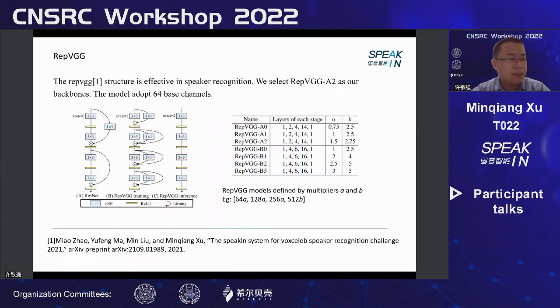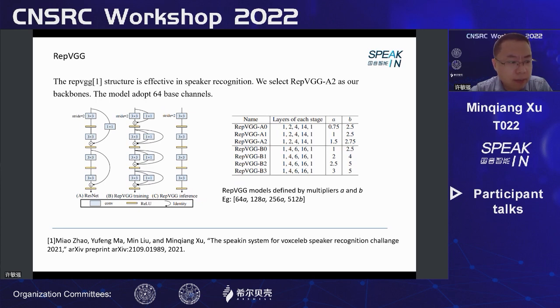Here's the RepVGG. Besides the ResNet, we use the RepVGG structure, which was first proposed in the speaker systems for the VoxSRC 2021 challenge in the speaker recognition field, as one of our backbones. As we can see on the left of the picture, in the training phase, RepVGG has multiple branches, which makes it more representative than ResNet.